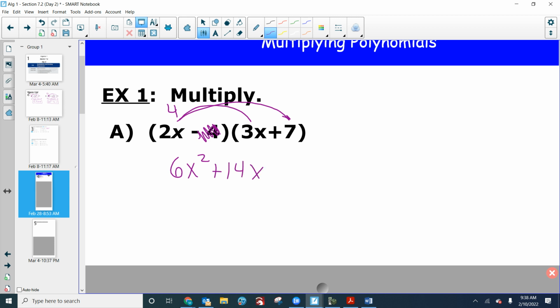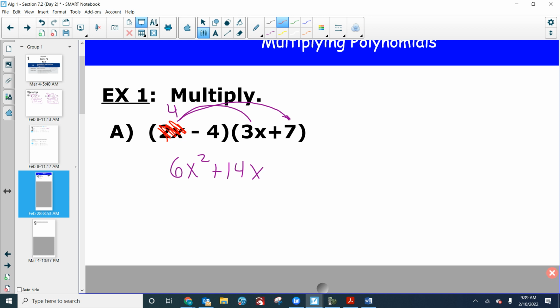Plus 14x. I want to know what to write, plus or minus. I want to know you know. Now, remember, treat that as a -4, right?